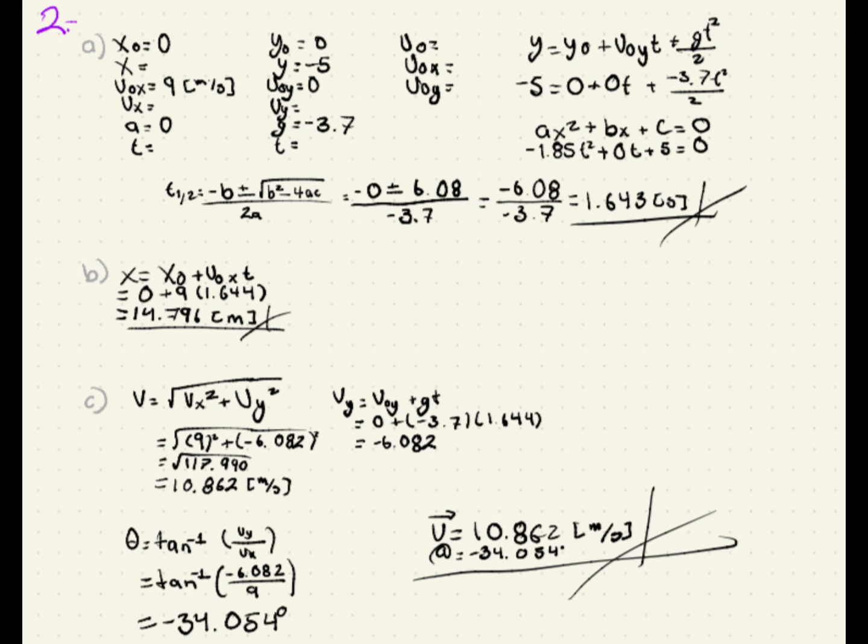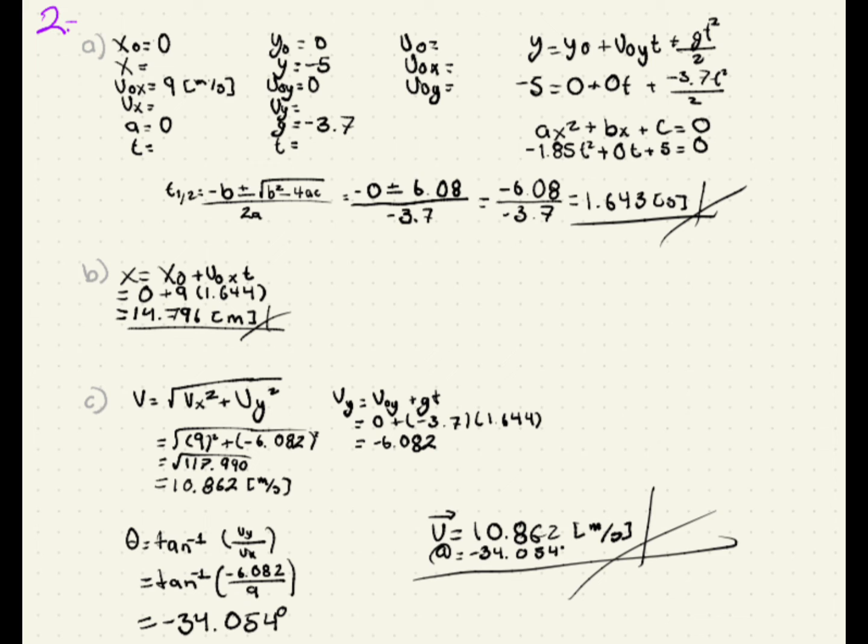Now we know vy, and we go back into the formula, substitute the values: v equals the square root of 9 squared plus negative 6.82 squared.